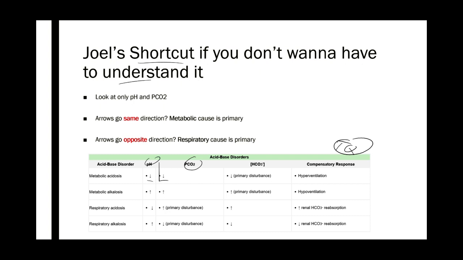So in the case of metabolic acidosis, the primary disturbance, the first thing that happens, is some decrease in bicarb. This is a metabolic cause. It could be GI, usually it's renal. So let's say the kidney is really bad at bicarb reabsorption, which usually it's good at, in the proximal convoluted tubule.